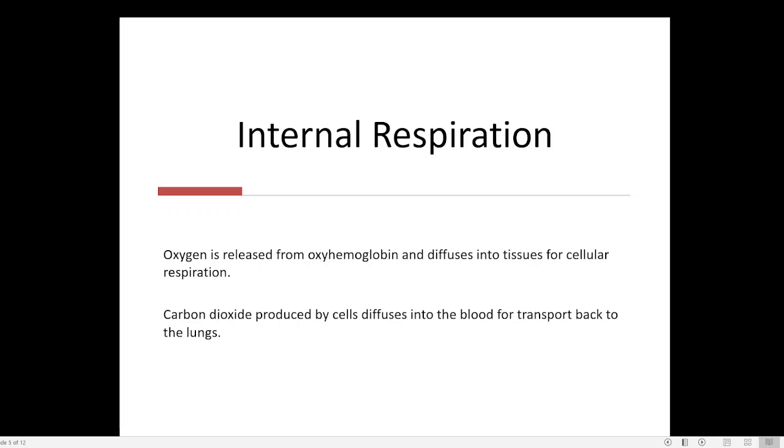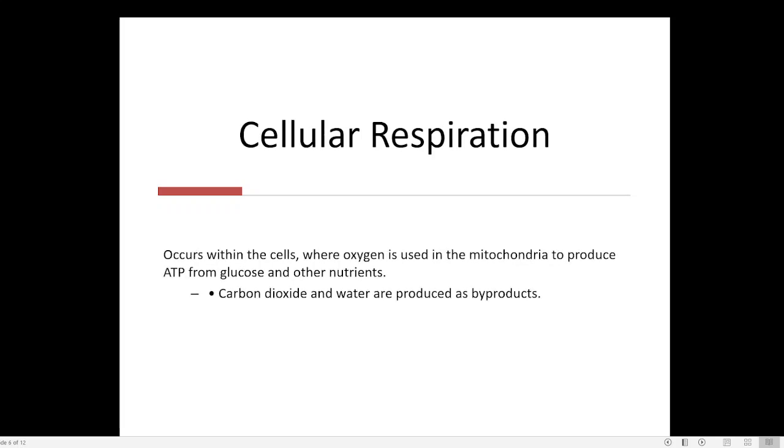And the second is the carbon dioxide. The carbon dioxide produced by the cells will also be transported by your blood to the lungs, and from the lungs it will be expelled from the body. So this process is what we call internal respiration. And there is one more event, that is cellular respiration.